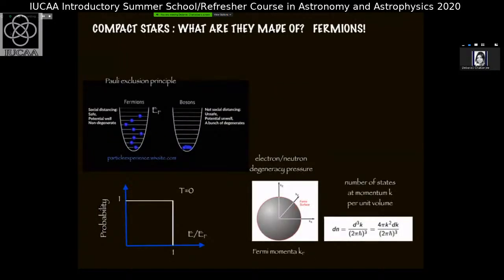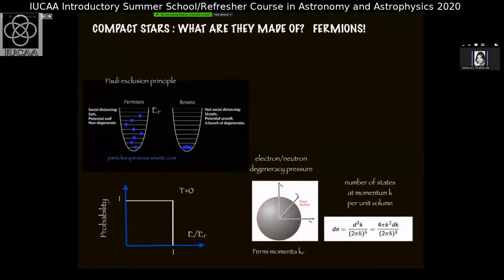If we assume that compact stars are made of electrons and neutrons, we know that these are both fermions. And like I mentioned yesterday, fermions obey Fermi-Dirac statistics. Thanks to the Pauli exclusion principle, fermions actually obey social distancing amongst each other.